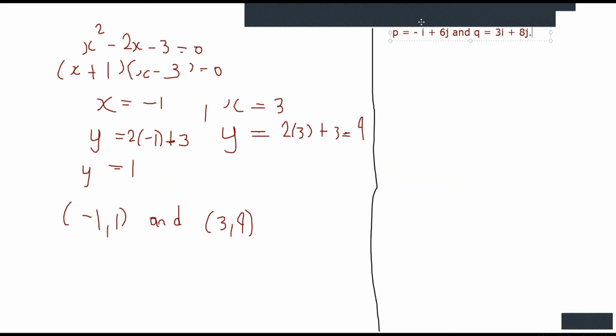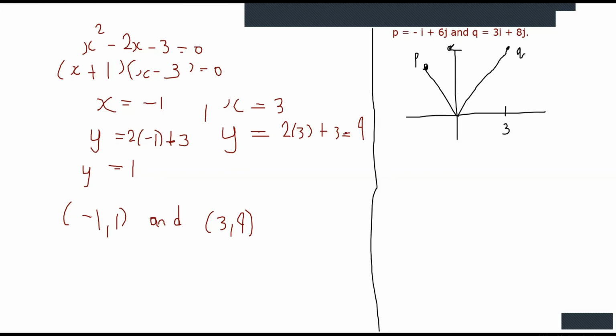If you want to find the acute angle between P and Q, just to give a sketch, P is the point minus 1, 6. Somewhere here is P. And Q is 3, 8. Somewhere up here is Q. This is a 3 and this is an 8.